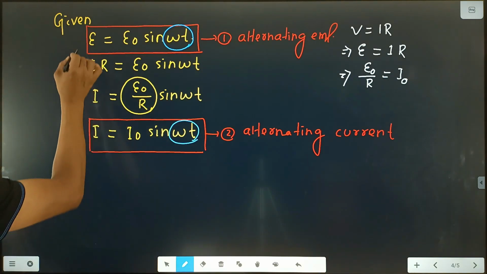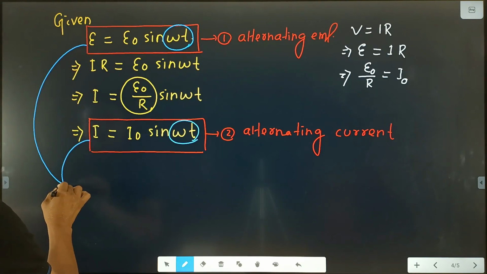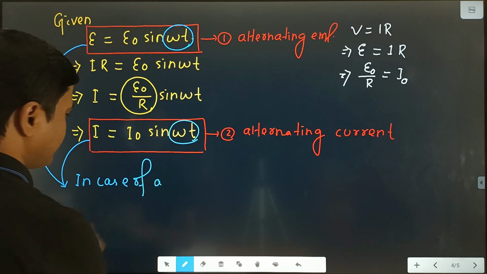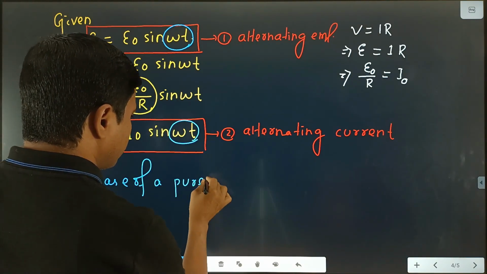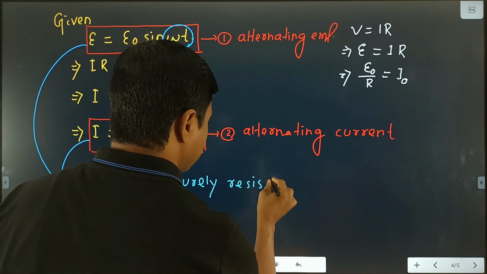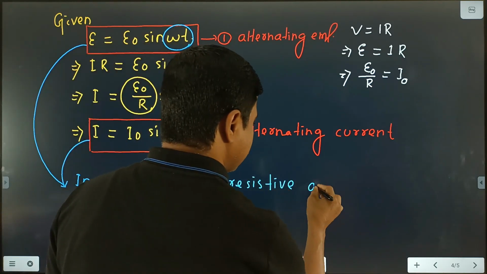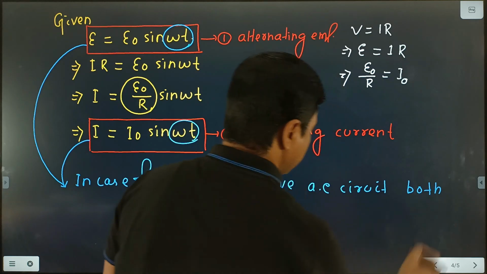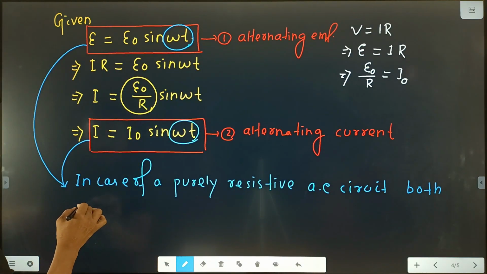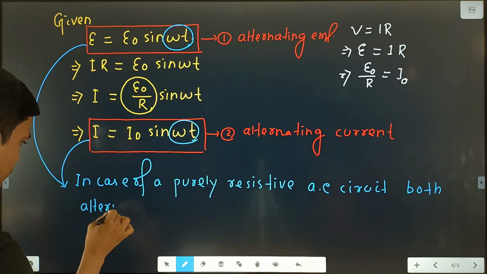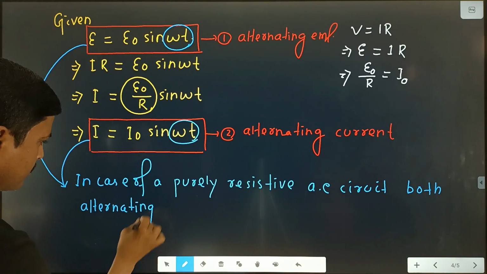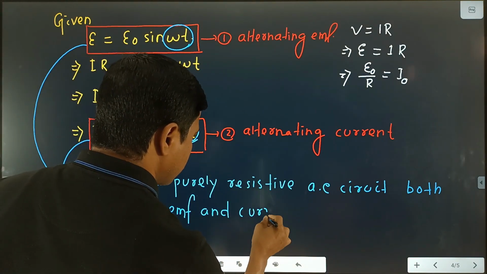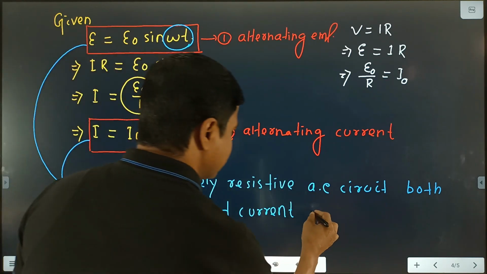So we write from these two equations, in case of a purely resistive AC circuit, both alternating EMF and current are in same phase.